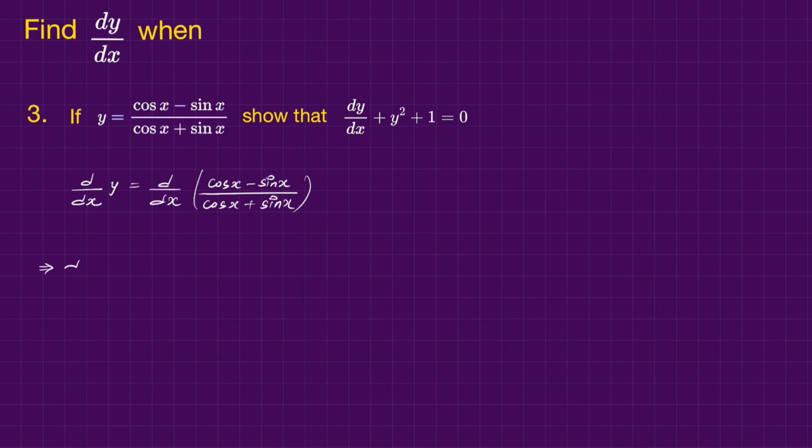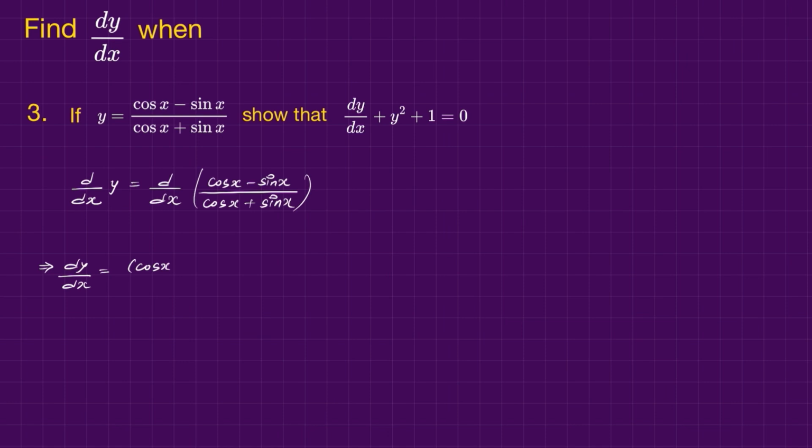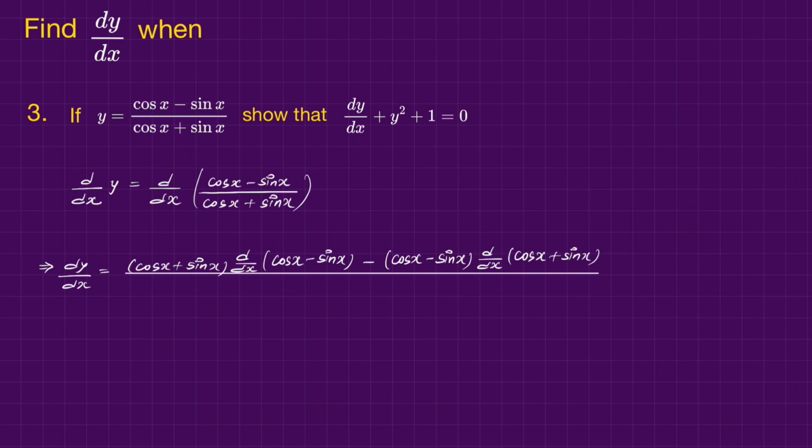So this implies dy/dx equals, using the quotient rule, I have to write the denominator first, that is (cos x plus sin x), times the derivative of the numerator, that is d/dx of (cos x minus sin x), minus the numerator first, (cos x minus sin x), times the derivative of the denominator, d/dx of (cos x plus sin x), whole divided by (cos x plus sin x) whole squared.